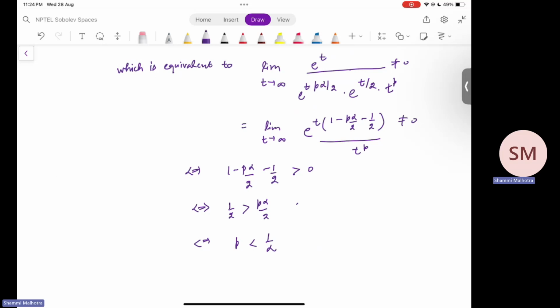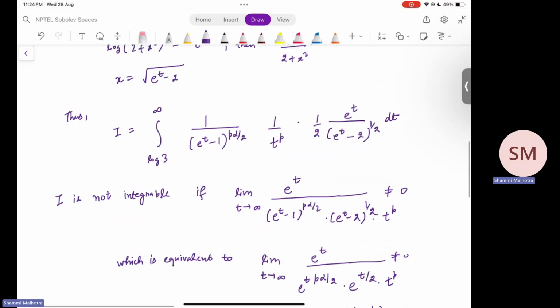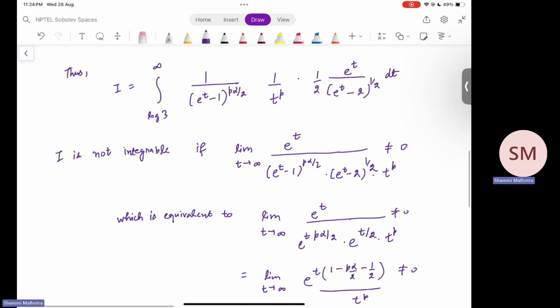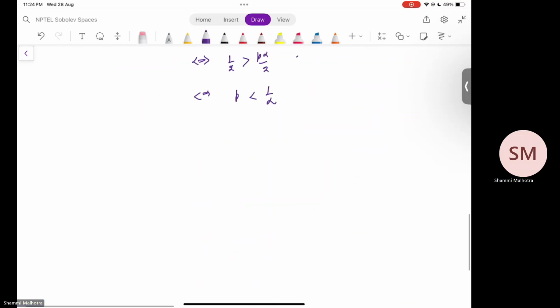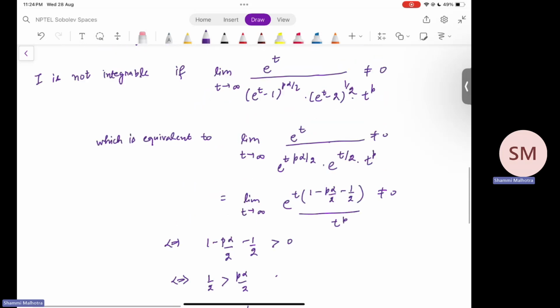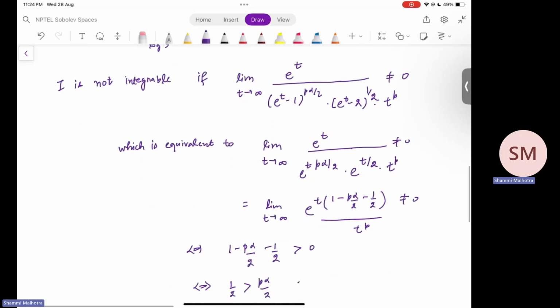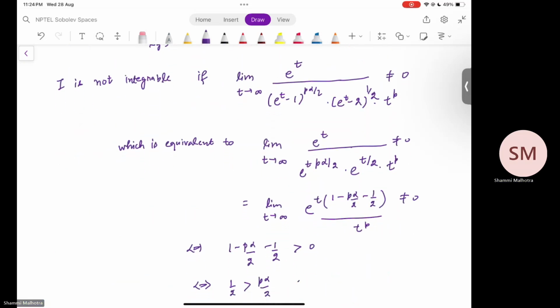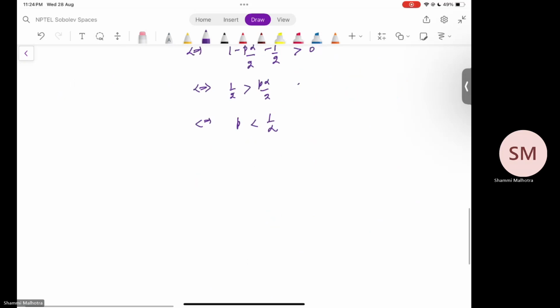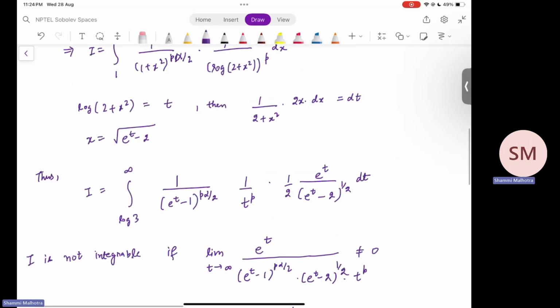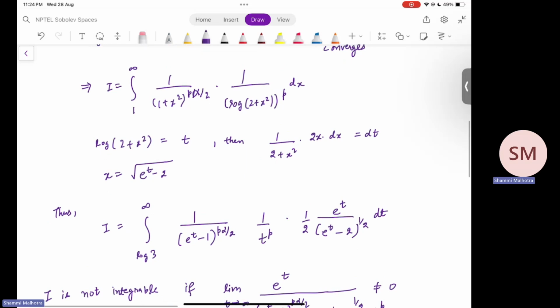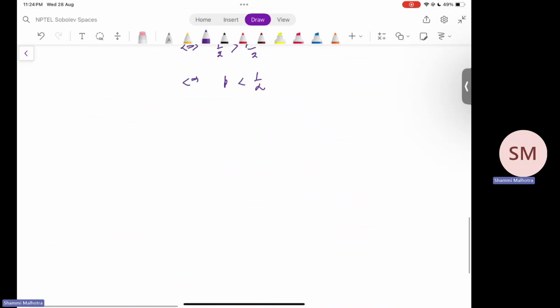We have to check the case whenever p is equal to 1 by alpha, or whenever it's 1 by alpha or greater than 1 by alpha. So at least one thing we know for sure is that it is not integrable if that is not equal to 0. And so now you have to check the integrability at the remaining cases.